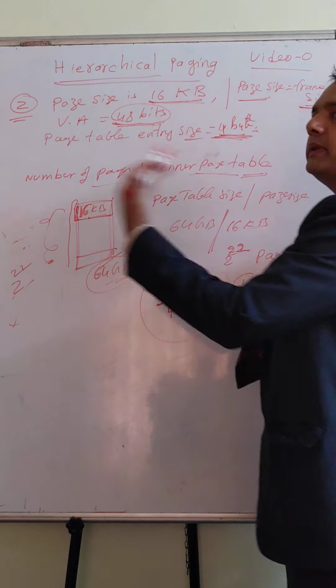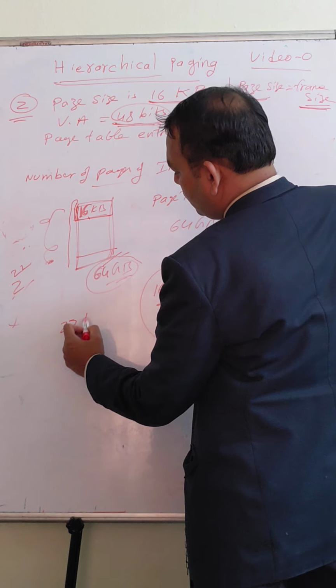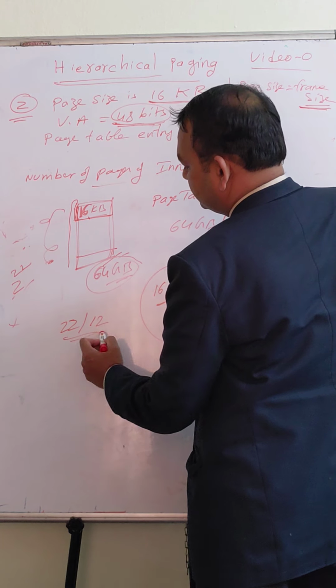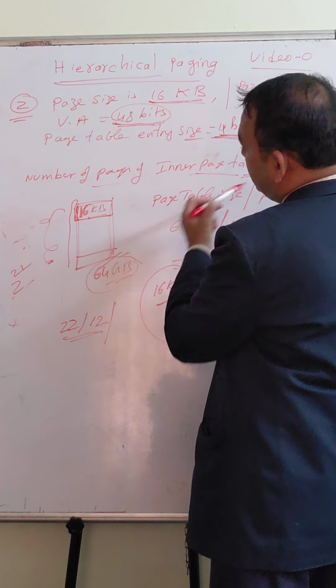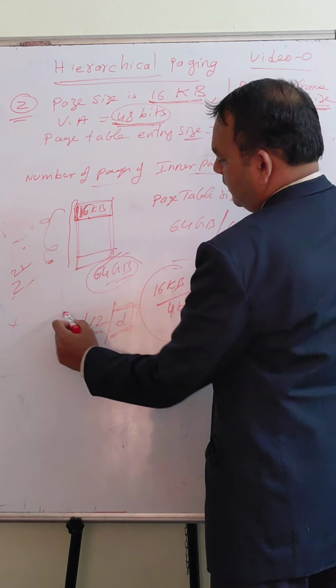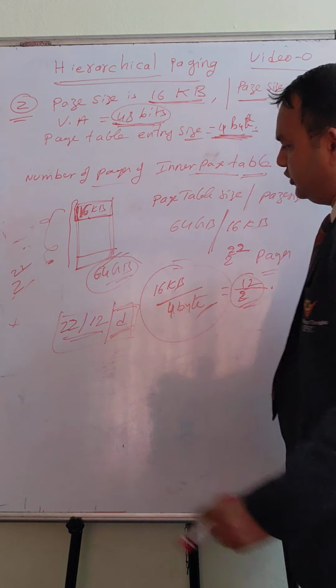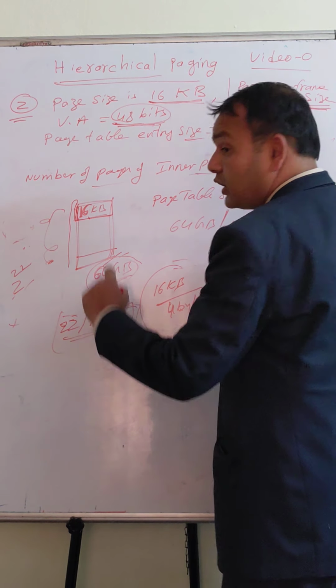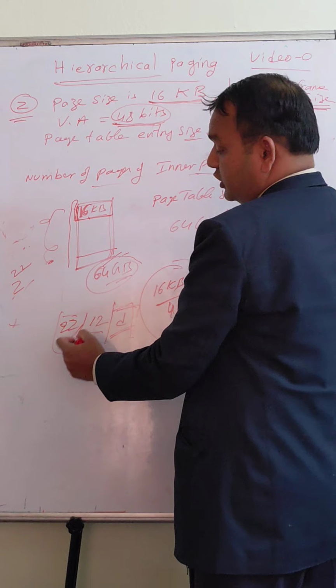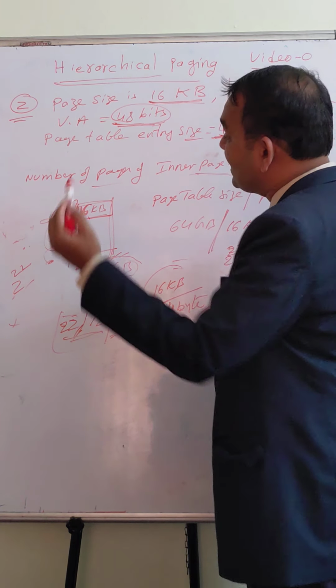So, in the outer page table, we need to store 22 bits, and 12 bits for the offset. This 22 is to be stored in the outer page table. What is this 22? 22 bits we need to go to the inner page table.